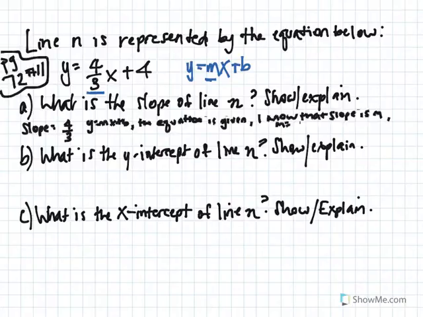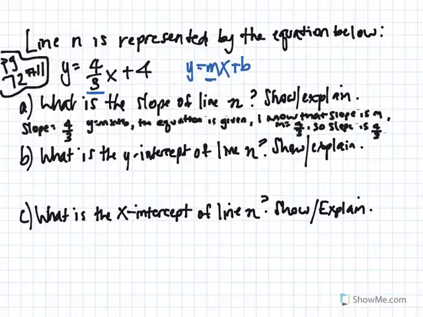M equals 4 over 3 in the equation, so slope is 4 over 3. That's me explaining my work. I'm going to put the explanations in a different color so you don't get confused, okay?